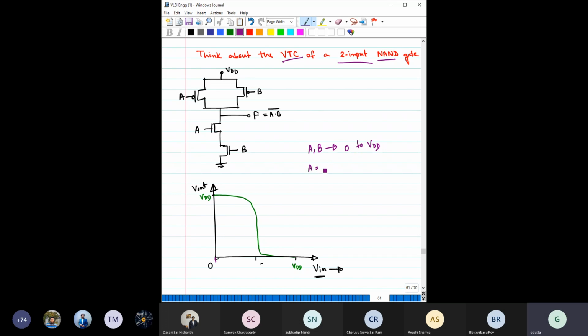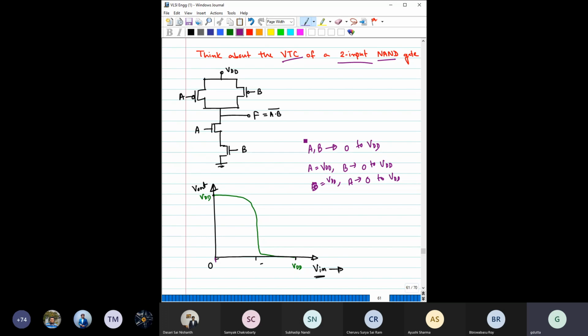Or it might be A from the beginning itself is fixed at VDD and you are changing only B from 0 to VDD. Or the third case might be B is fixed at VDD and you are changing A from 0 to VDD. These might be the cases.